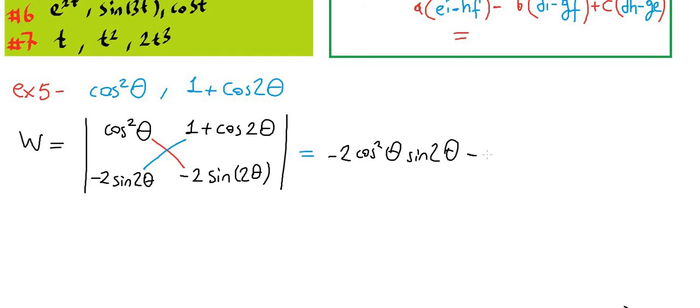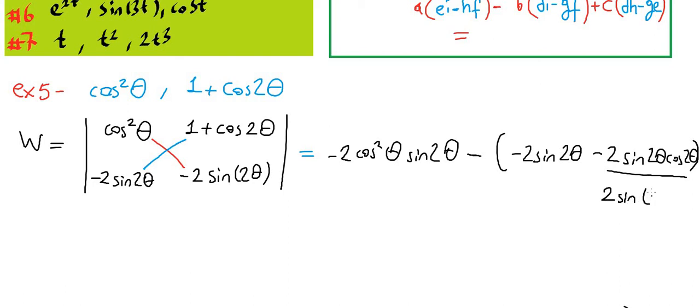We have minus negative 2 sine 2 theta times 1 is negative 2 sine 2 theta, minus 2 times sine 2 theta cosine 2 theta will be negative 2 sine 2 theta cosine 2 theta. You can compact this with the double angle identity. It will be 2 sine 4 theta, and negative times negative is positive.